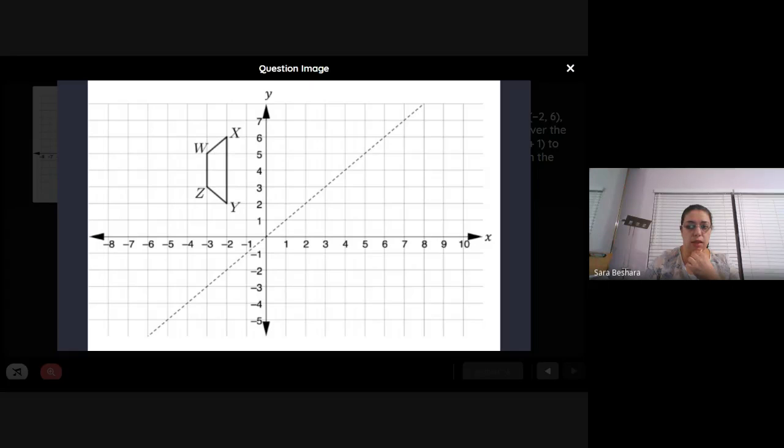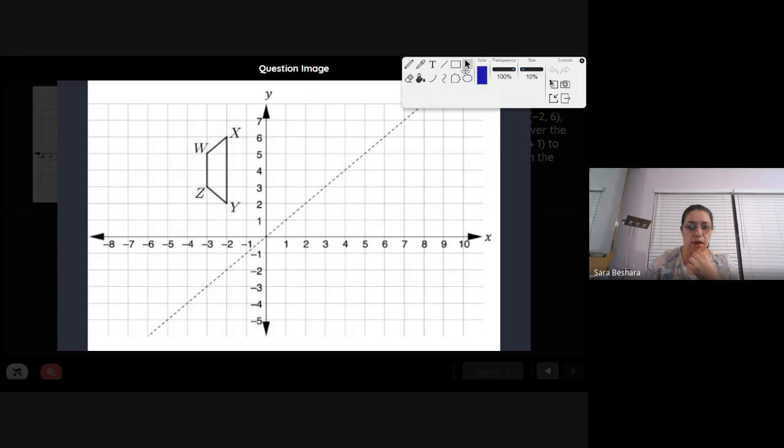Activate my word paint extension. So in this case, this right here is y equals x. Okay, and if you remember, when you do a reflection over y equals x, let me make this a little bigger so that you all can see it.